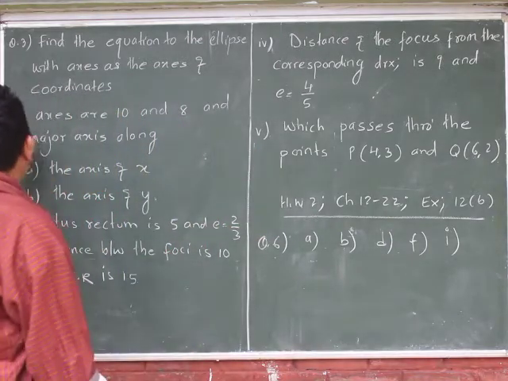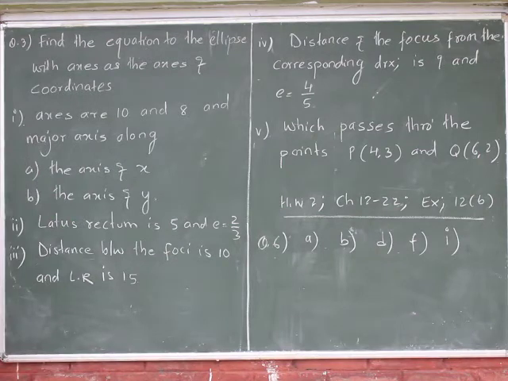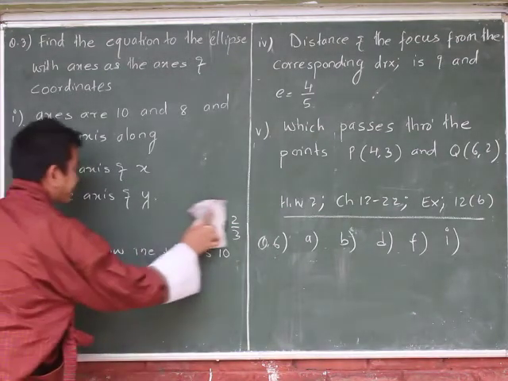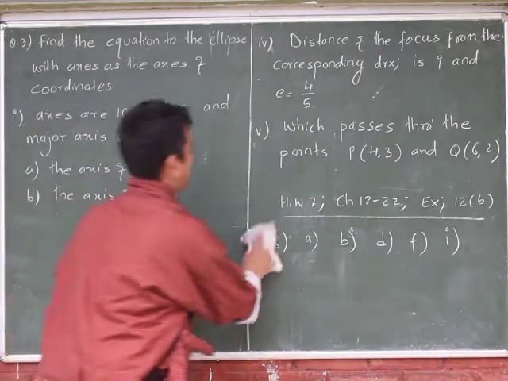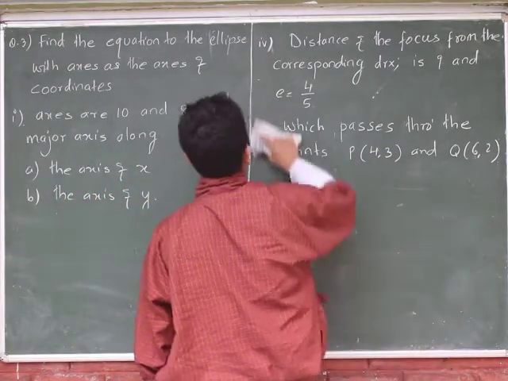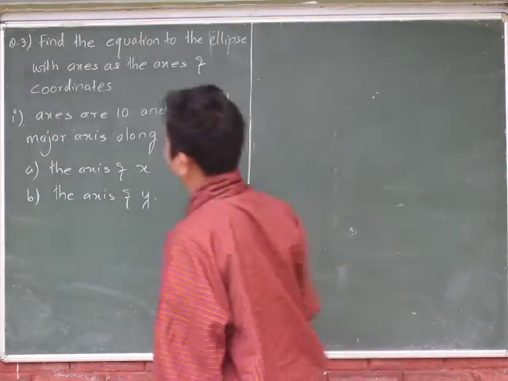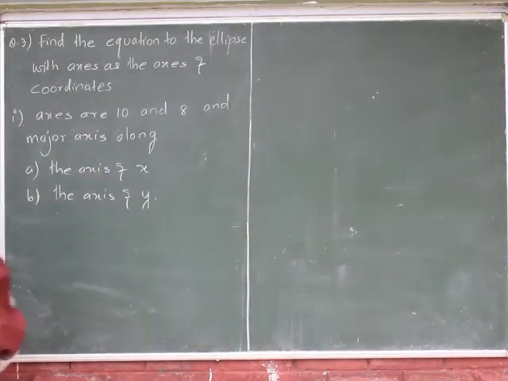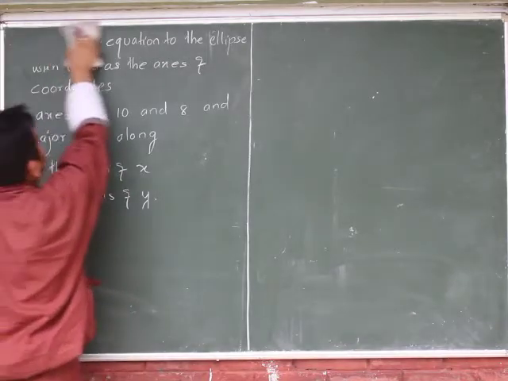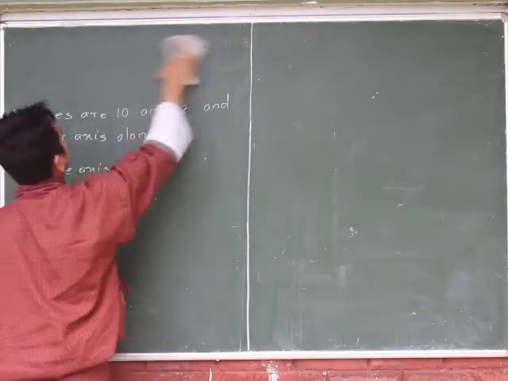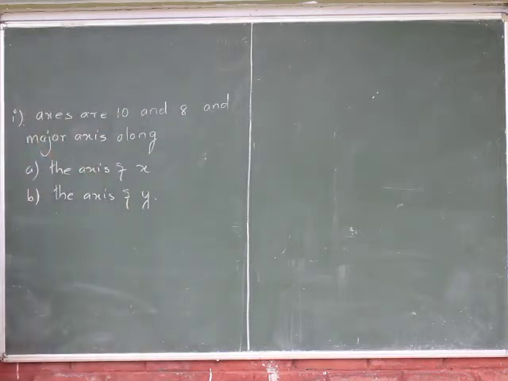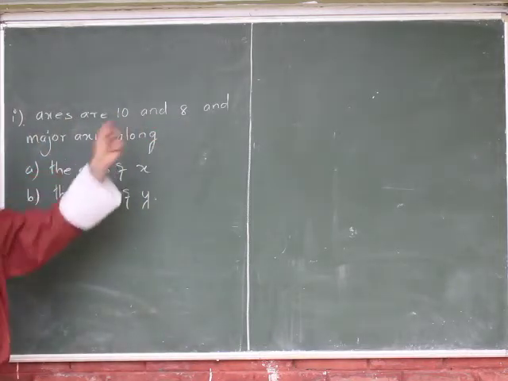So now let me first directly go with question number 3, sub question 1. You need to find the equation of the ellipse with axes as the axes of the coordinates, where axes are 10 and 8.